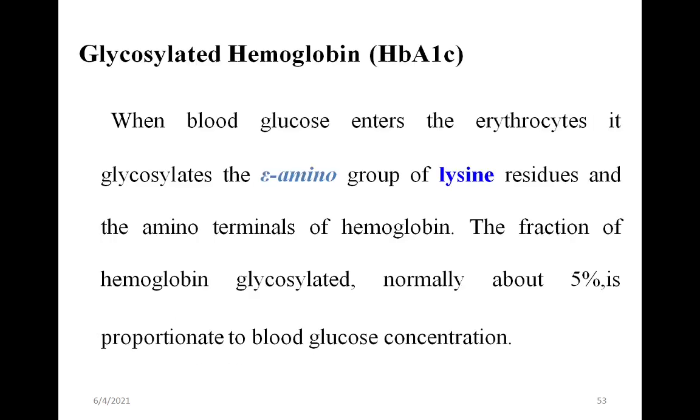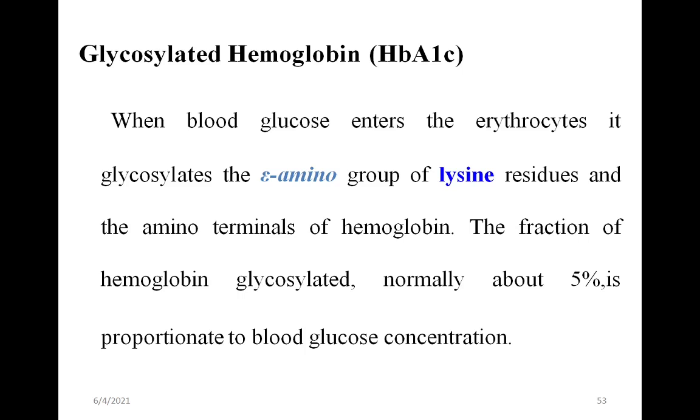Now glycosylated hemoglobin, HbA1c. This is the different hemoglobin formed when hemoglobin forms a glycosidic bond with glucose; that hemoglobin becomes glycosylated hemoglobin.